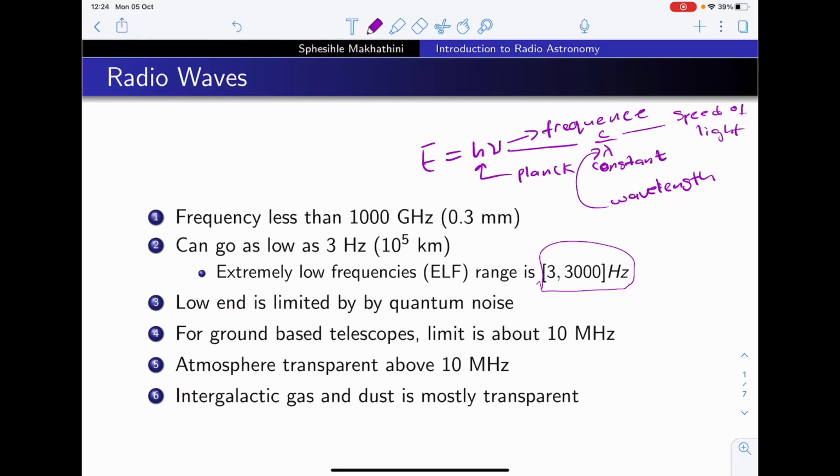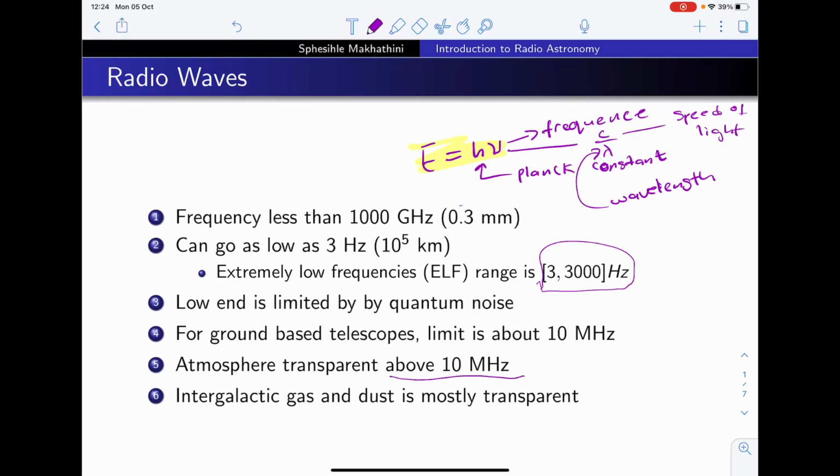So this low end is limited by quantum noise, basically a combination of this equation and the uncertainty principle. But we will never get there with ground-based telescopes, because you will be limited by the atmosphere before you get there. The atmosphere is only transparent above 10 megahertz to radio waves.